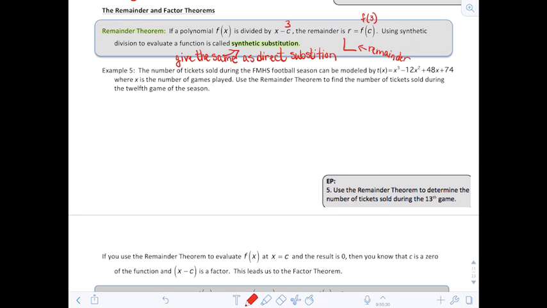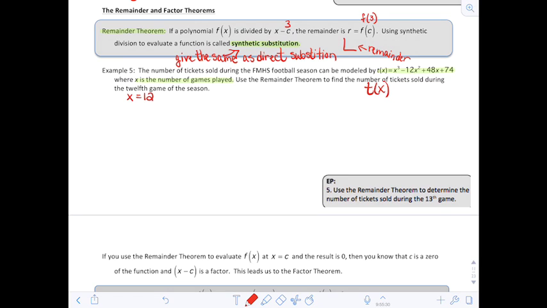The number of tickets sold during the FMHS football season can be modeled by this cubic: x cubed minus 12x squared plus 48x plus 74. x is the number of games that are played. So use the remainder theorem to find the number of tickets sold, which is my T of x, during the 12th game of the season.